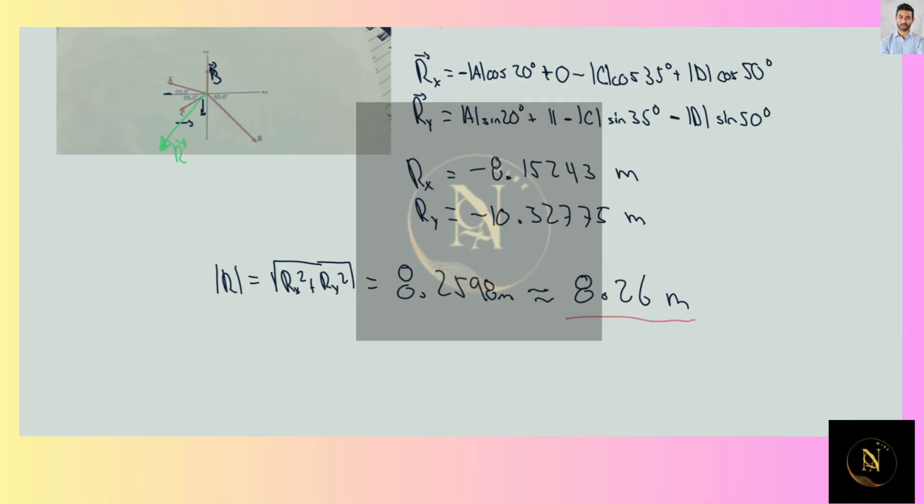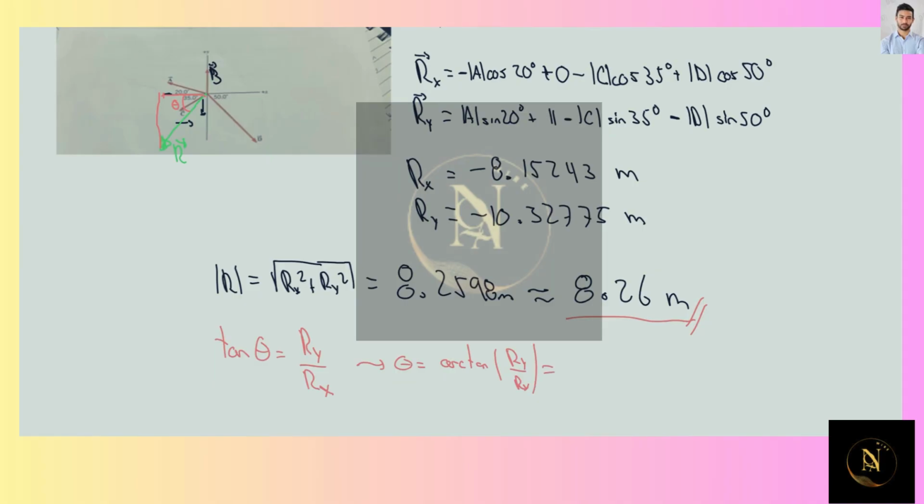And for the direction, we're going to use the angle theta over here. We're going to take advantage that the tangent of theta is equal to the y component over the x component, opposite cathetus divided by adjacent cathetus. So theta would be equal to arctangent of Ry over Rx.